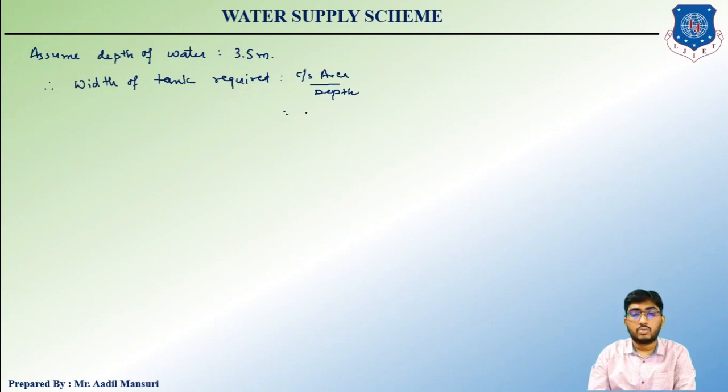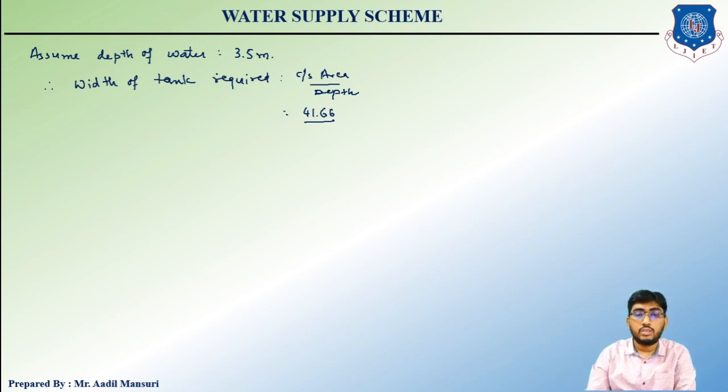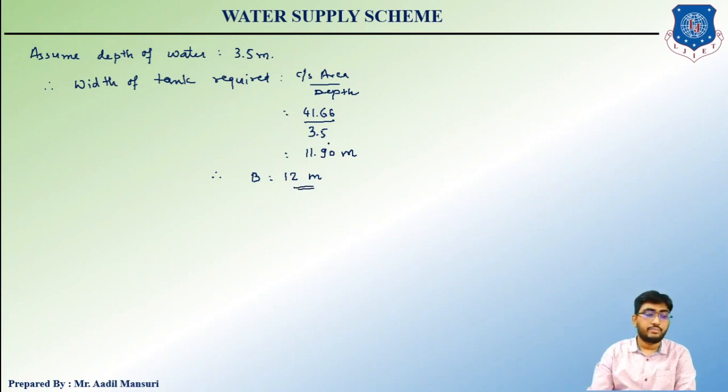Cross sectional area is 41.66 meter square that we found out here, and we have assumed 3.5 meter of depth, so this will be equal to 11.90 meter. Therefore we can round off and say that width can be equal to 12 meter.